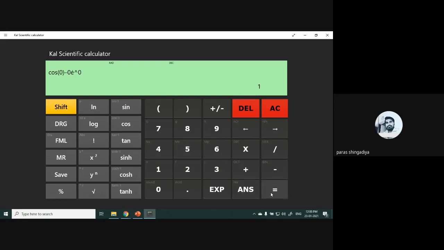Now the output is 1. In the calculator you can directly type this form and check that the answer is 1.